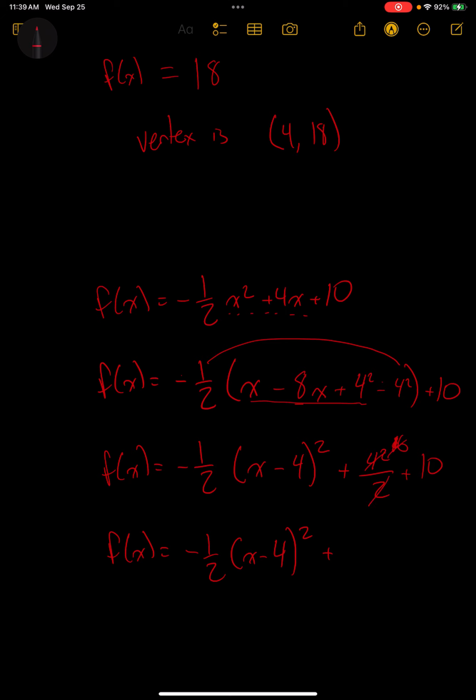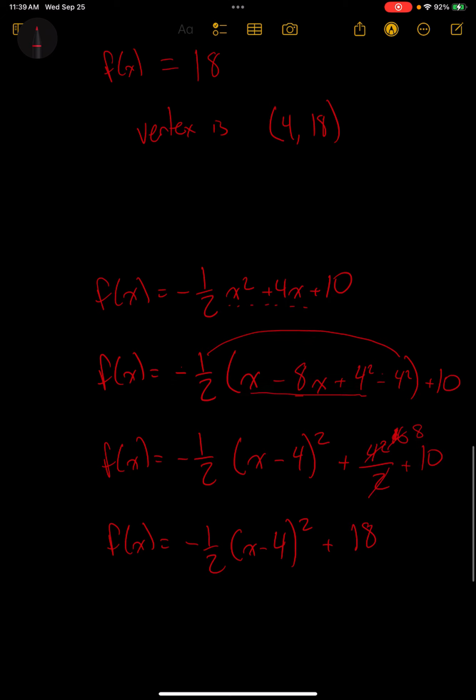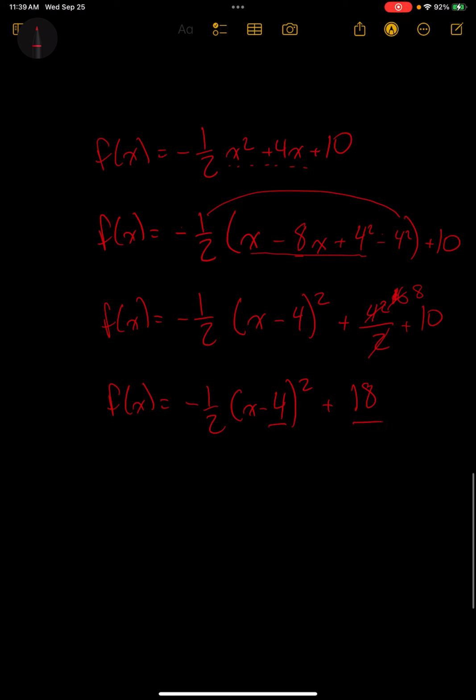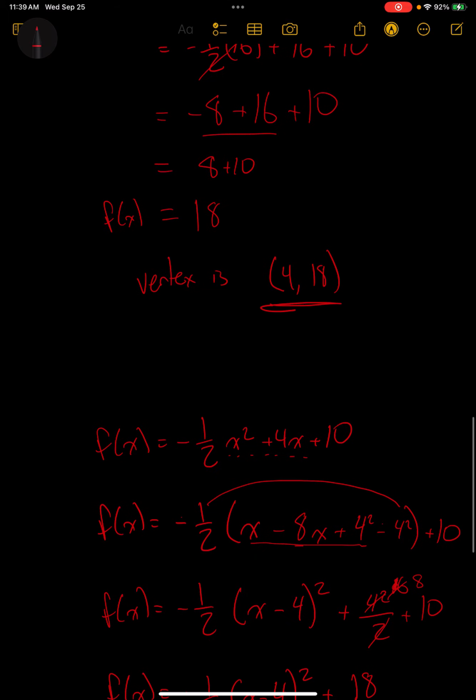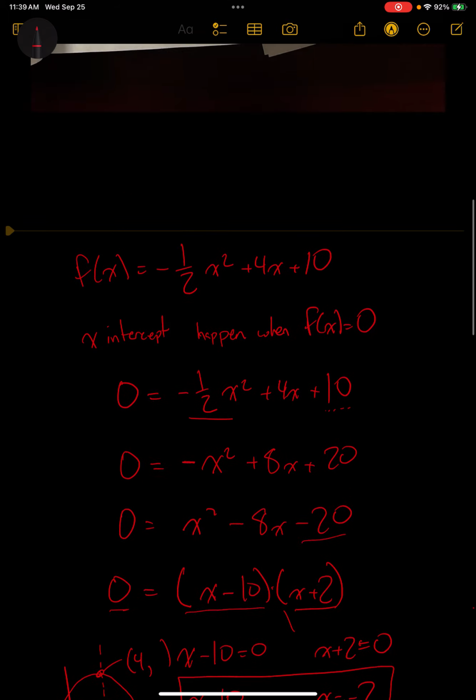Divided by 2 is 8, plus 10 is 18. And now I have it in vertex form. Vertex at 4, 18. And that's exactly the same answer I got over here. So that's how I know that I'm on the right track.